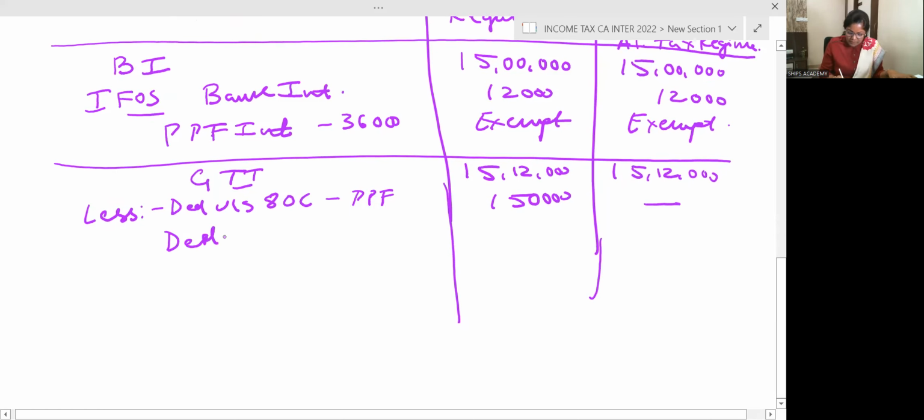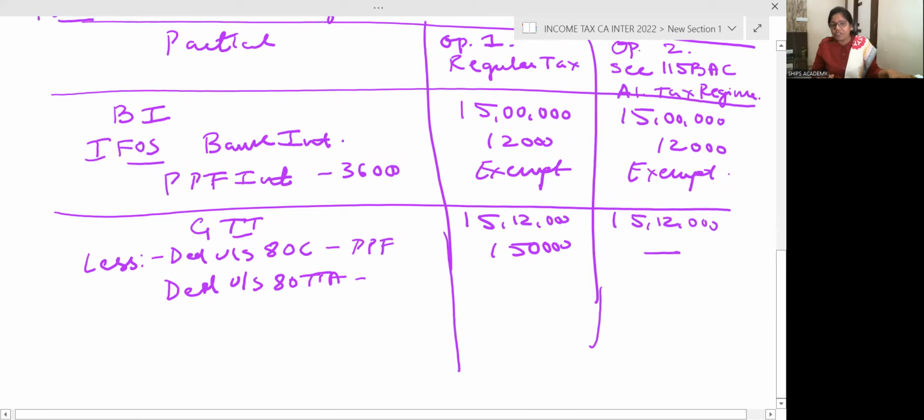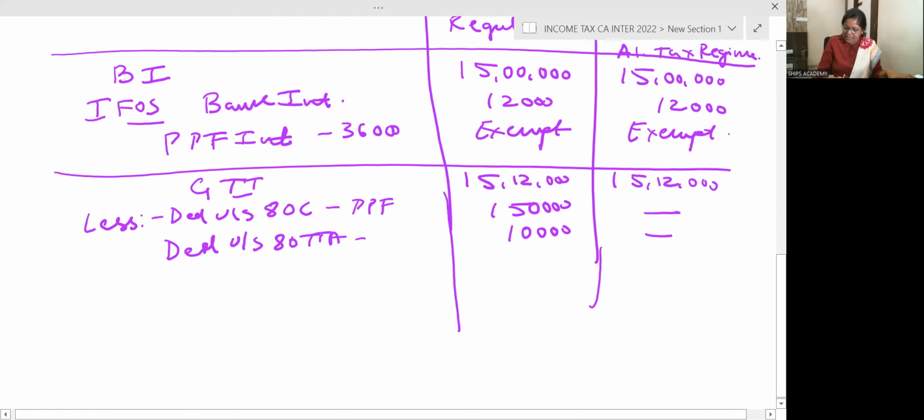Now deduction under section 80TTA, every return has this. If you have savings account interest up to 10,000 you can deduct. If you are a senior citizen, then savings account and FD interest, all is deductible up to 50,000. And here, 10,000 will not be given.